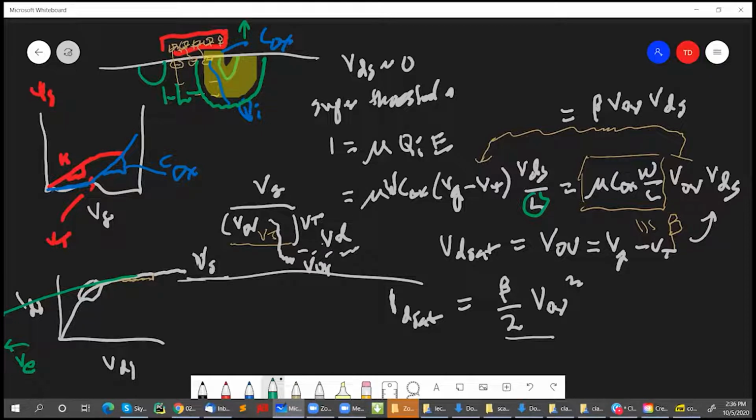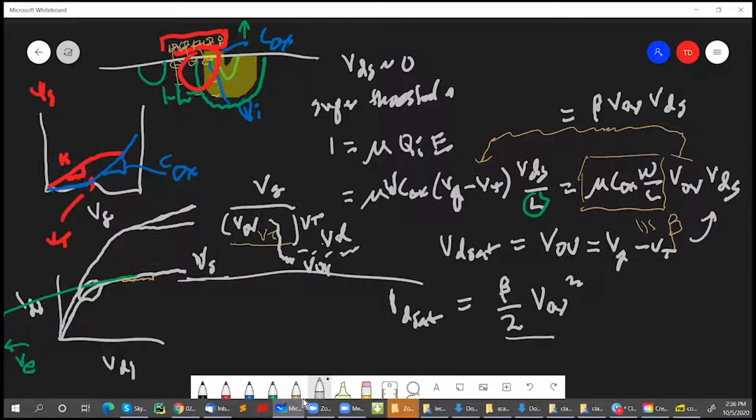And what you're going to see, because this is a geometrical effect, all this stuff here having to do with this saturation is a geometrical effect. You're going to see that it just scales with the saturation current. In other words, if I make the saturation current twice as big, and above threshold, it's not going to saturate at the same voltage, right? It's going to saturate actually at a higher voltage because of this overdrive.